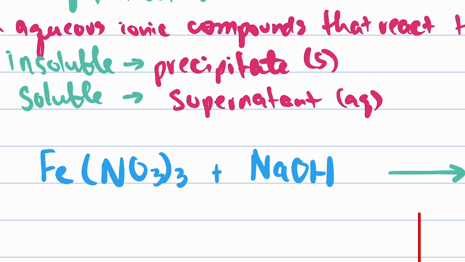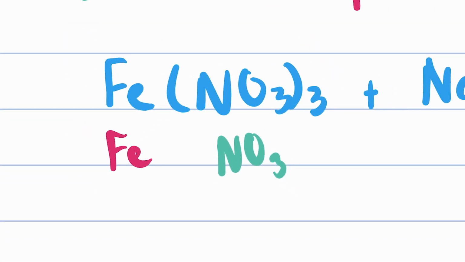I'm going to have iron, and then nitrate, NO3. The formula you're seeing here has a resulting charge of 0, which means the charges basically cross each other out to be stable and be 0, okay?